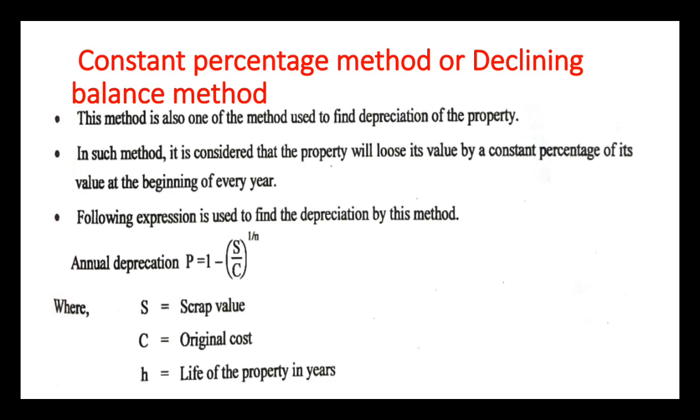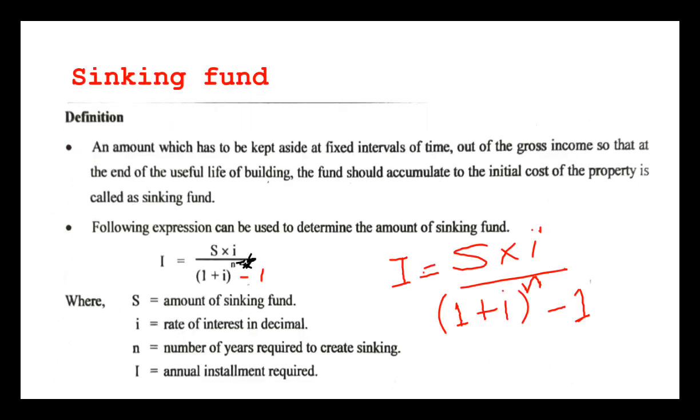Okay. So the next method is the sinking fund method. In this method we keep aside some value required to replace the property. The sinking fund is the amount set aside every year and invested at compound interest, so that after a specified period one can get a predetermined value of the asset less salvage value.